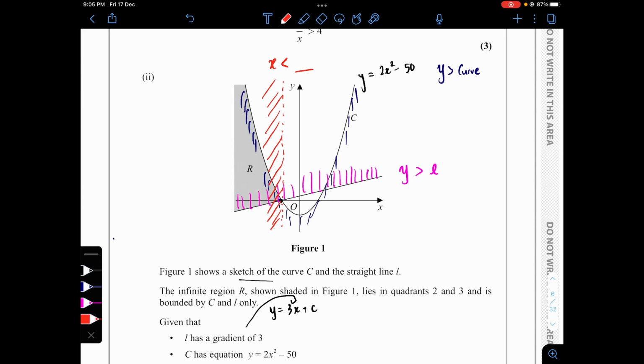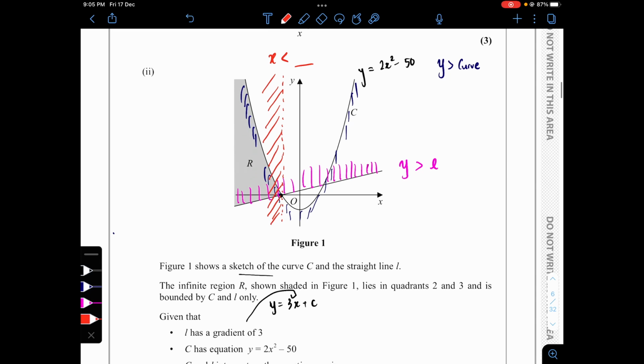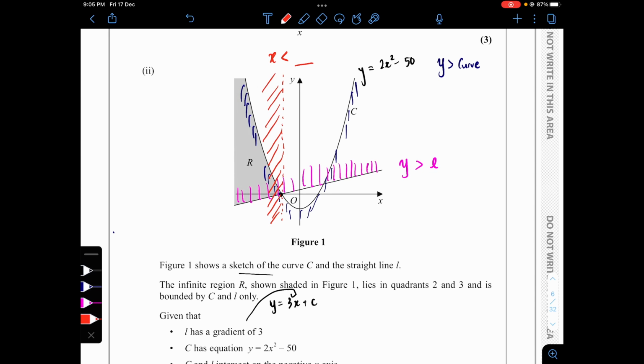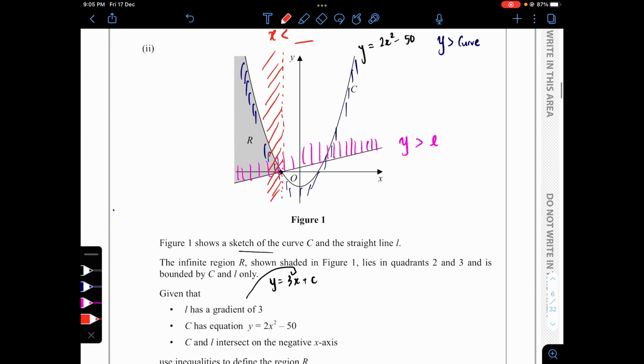How do we find this number and how do we find L? We need to find this intersection. We know that it intersects at the negative x-axis, as shown to us over here. So we have the equation y equals 2x squared minus 50.